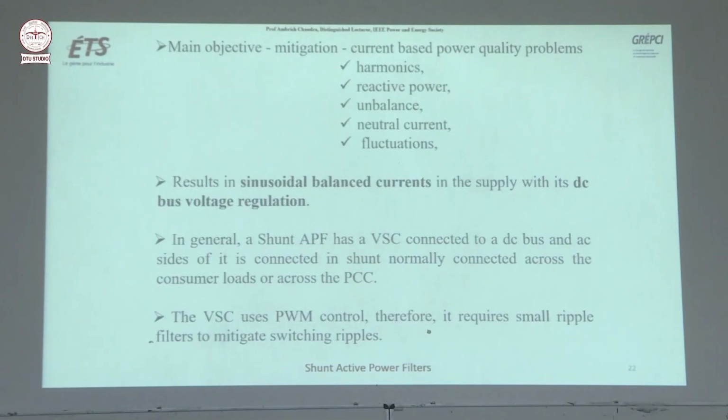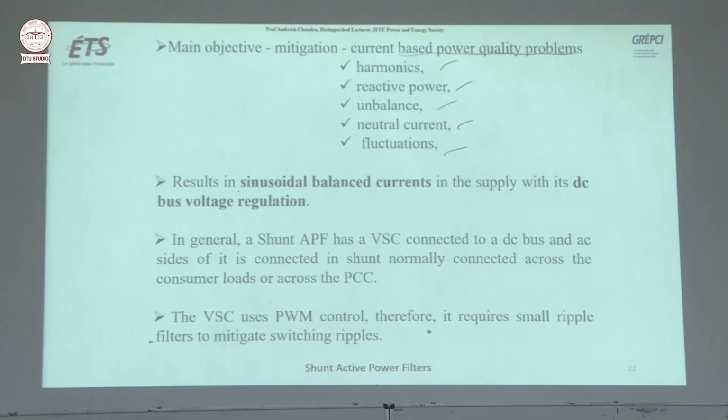So if you see the principle of operation of these active filters, the main objective, as we have already seen, is to address current based power quality problems: harmonics, reactive power, unbalanced load like unbalanced current, neutral current, fluctuations.